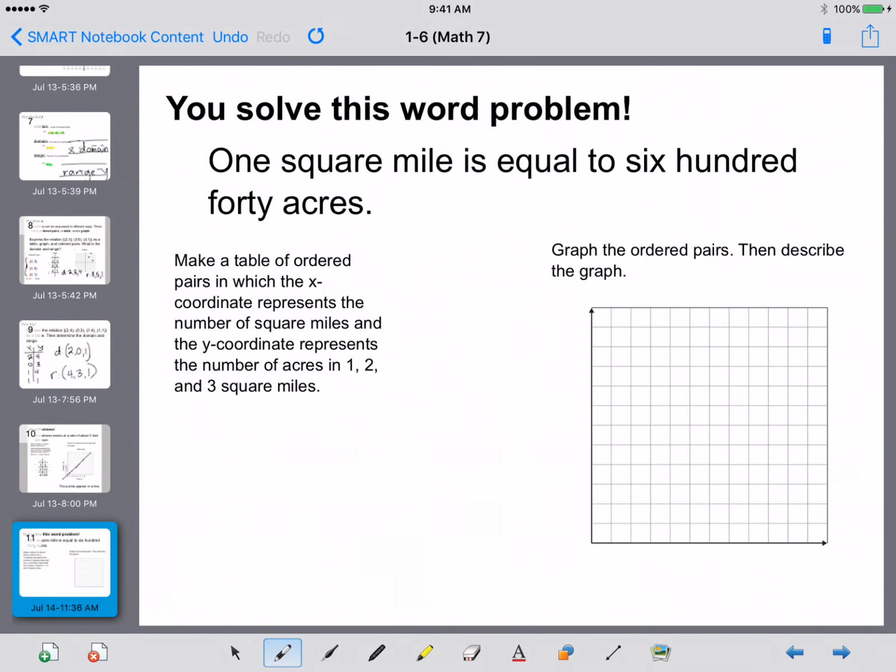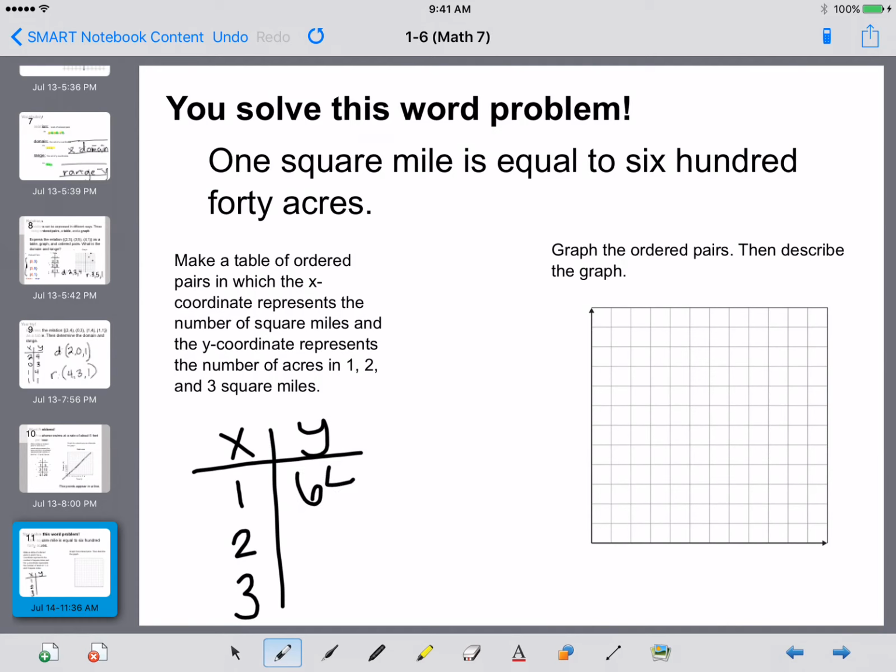So I want you to go ahead and try to solve this word problem. 1 square mile is equal to 640 acres. So we're starting off making a table in which the x-coordinate represents the number of square miles and the y-coordinate is the number of acres. So we want to know 1, 2, and 3 square miles. 1 square mile is equal to 640 acres.